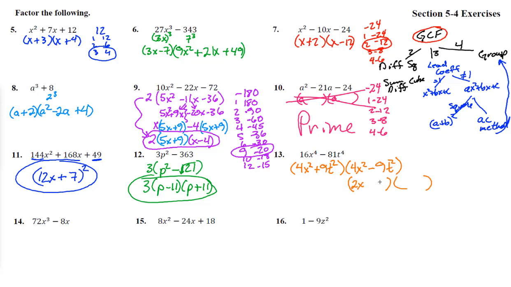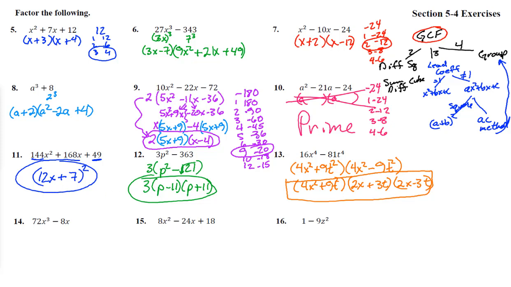Square root of 9t squared is 3t. So it's 2x plus 3t, 2x minus 3t. But remember, you can't do anything with that one. So that guy can't go anywhere. So this is the answer. Difference of squares can keep going until you're not a perfect square anymore.